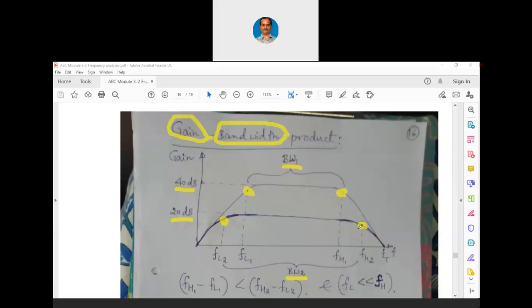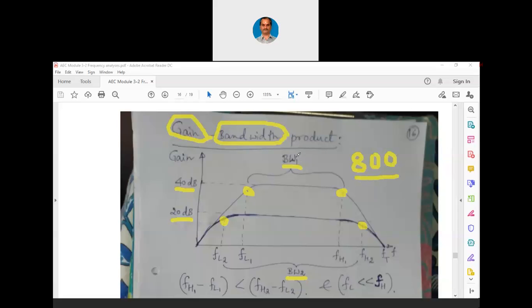40 into 20. It is the product, which is 800 now. I am giving an example of bandwidth 1 as 20 megahertz. So 20 megahertz into 40 dB is 800. This is now GBP.